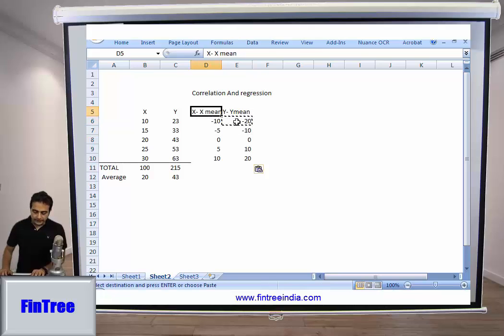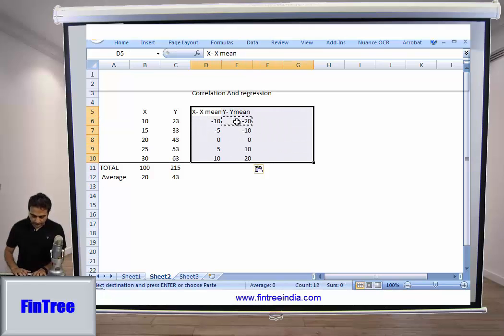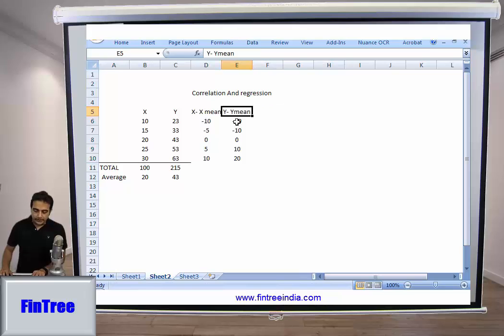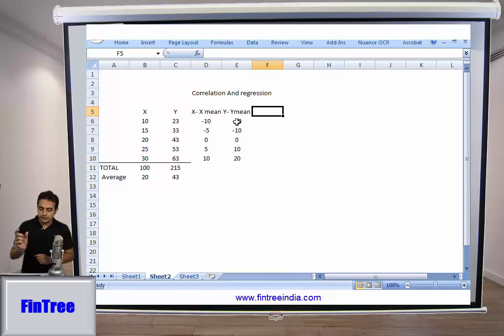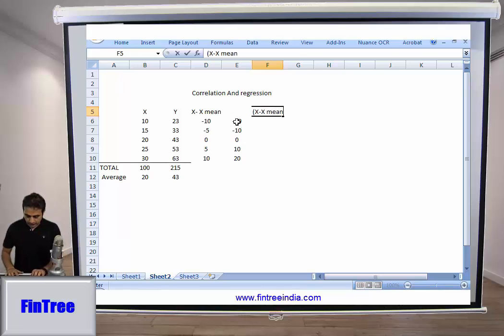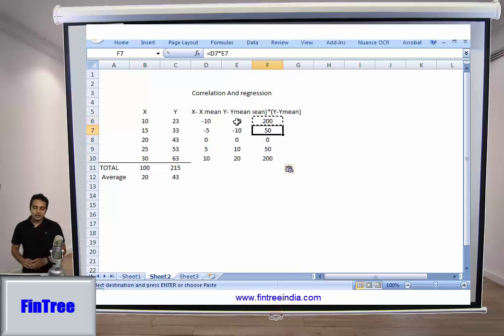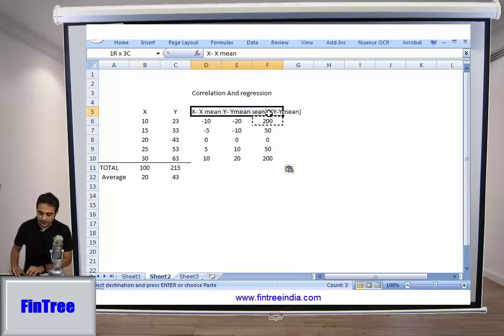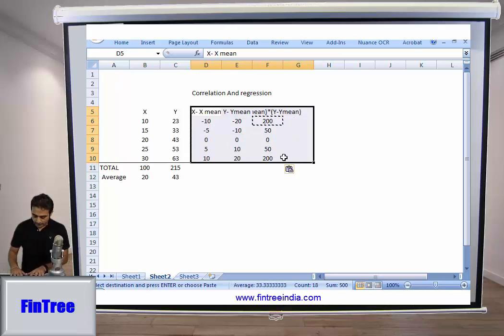Once we have these two sets of values, we will multiply X minus X mean with Y minus Y mean. So that would be minus 10 into these values. So we have X minus X bar, Y minus Y bar, and the multiplication values.